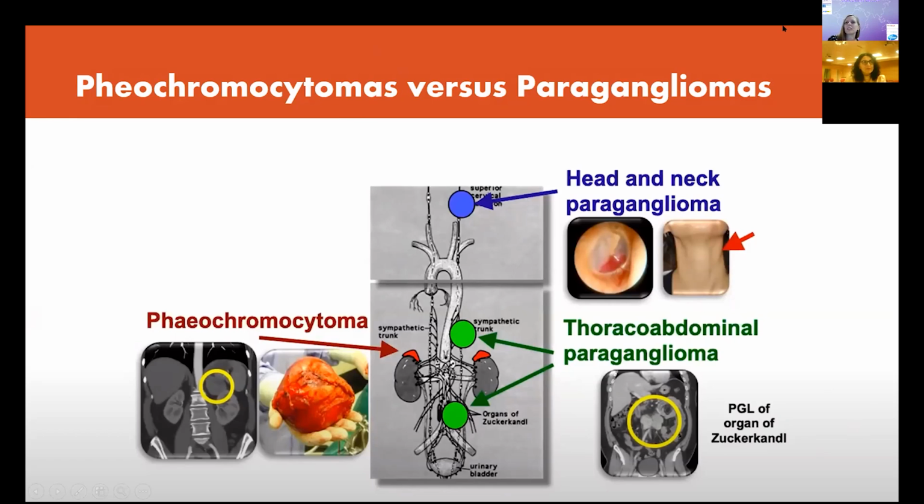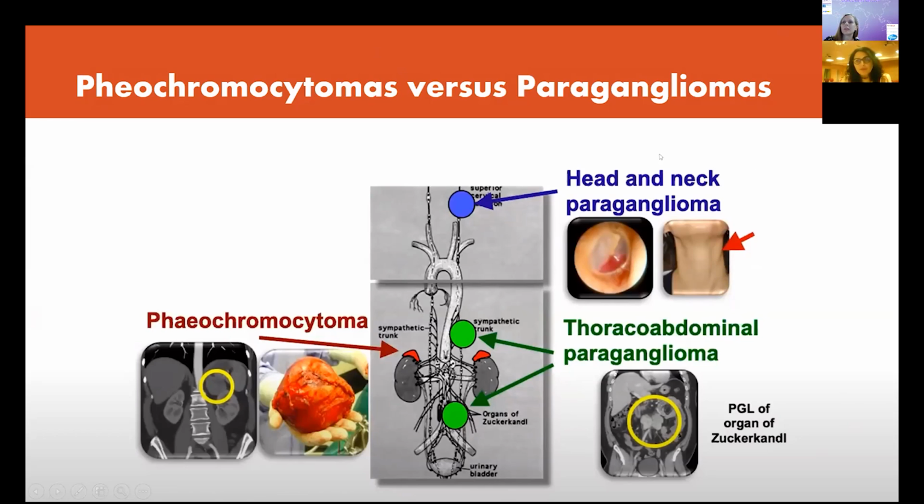So you see on this picture the paraganglioma behind the eardrum. So this is a paraganglioma of the base of the skull. And here you see the bulging on the neck of this lady. And this is an aortic body carotid tumor.